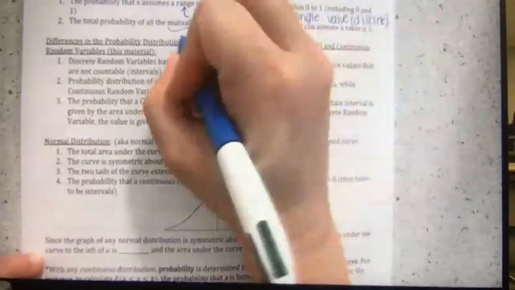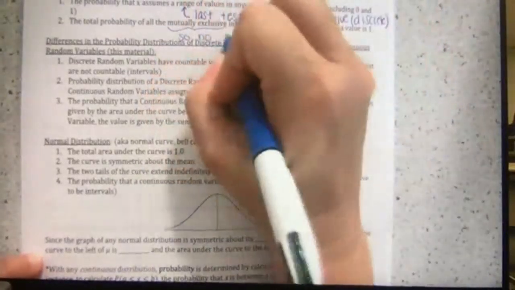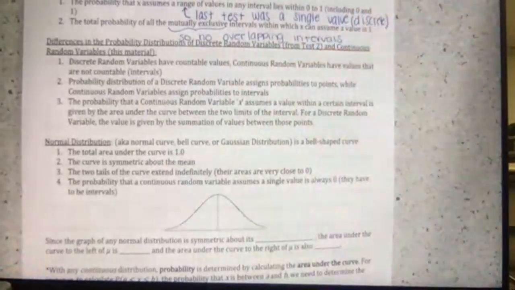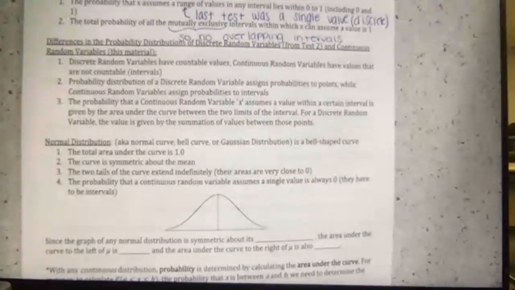So mutually exclusive means no overlapping intervals. Remember, it means that they cannot happen at the same time. So in total, with no overlap, it's going to equal 1.